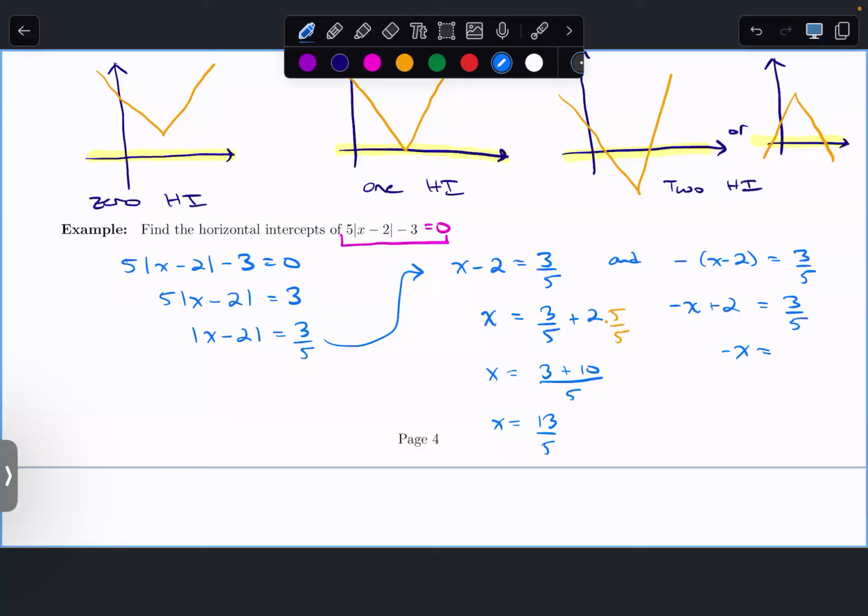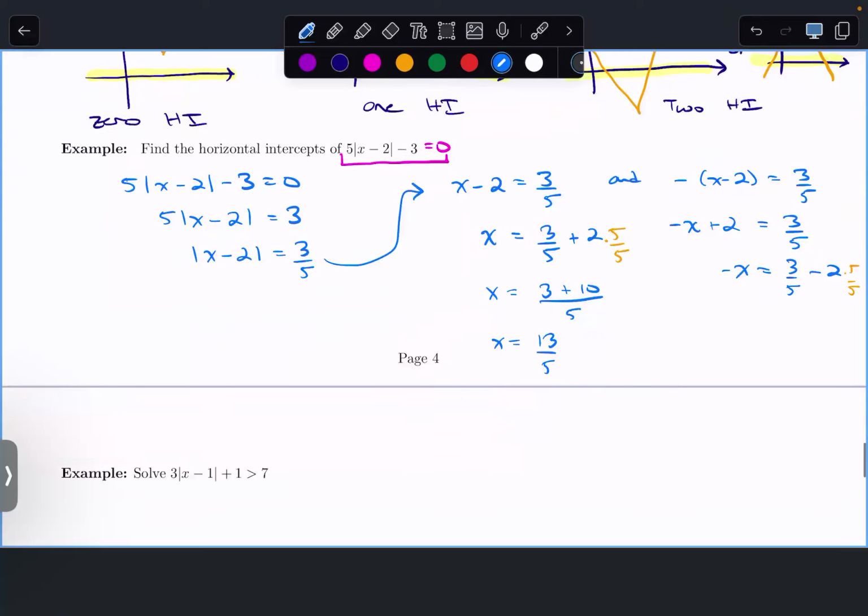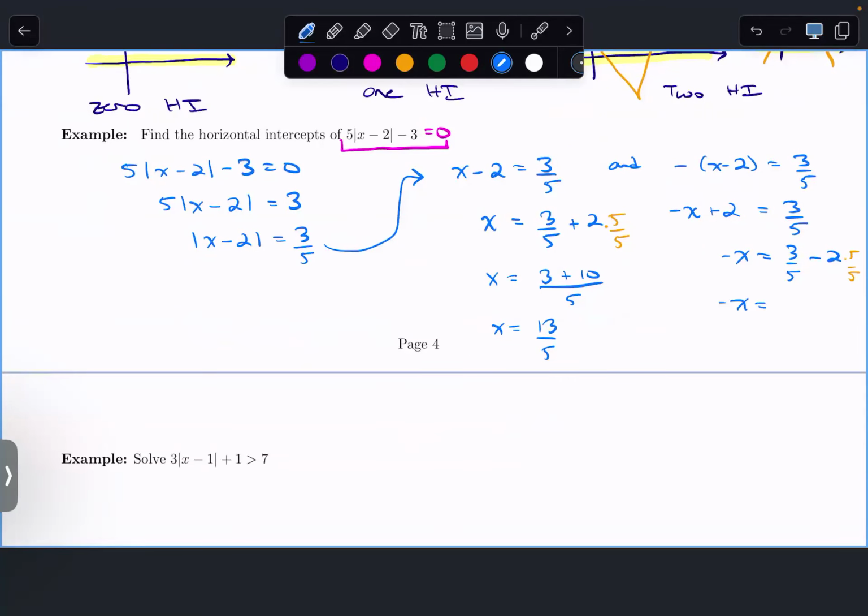So negative x must be 3 over 5 minus 2 times 5 over 5. Three minus 10. I'm going to go with negative 7 over 5 divided by negative 1. The negative goes away. X is 7 over 5.